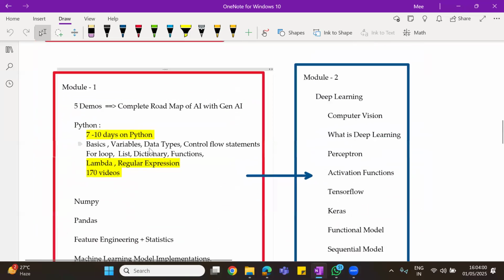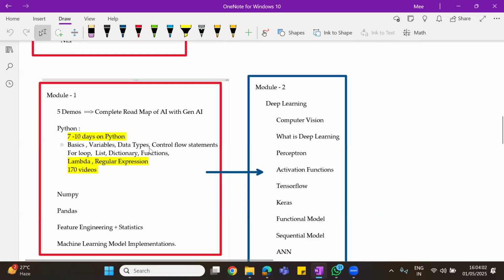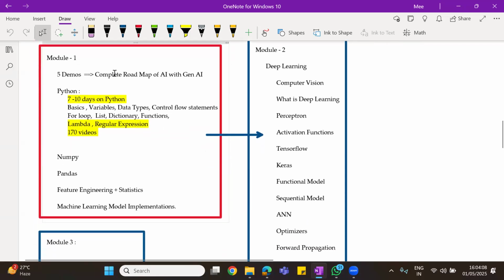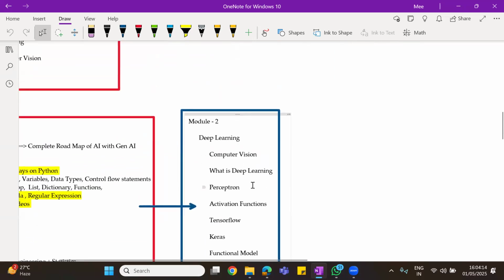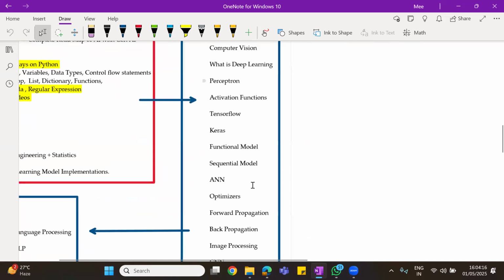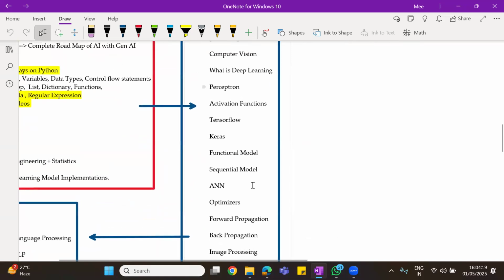Now we have categorized this entire course into 4 different modules. One is module 1, where we are going to learn all the required stuff. Then module 2, we are going to learn deep learning with computer vision, where you are going to make the computers recognize the objects.